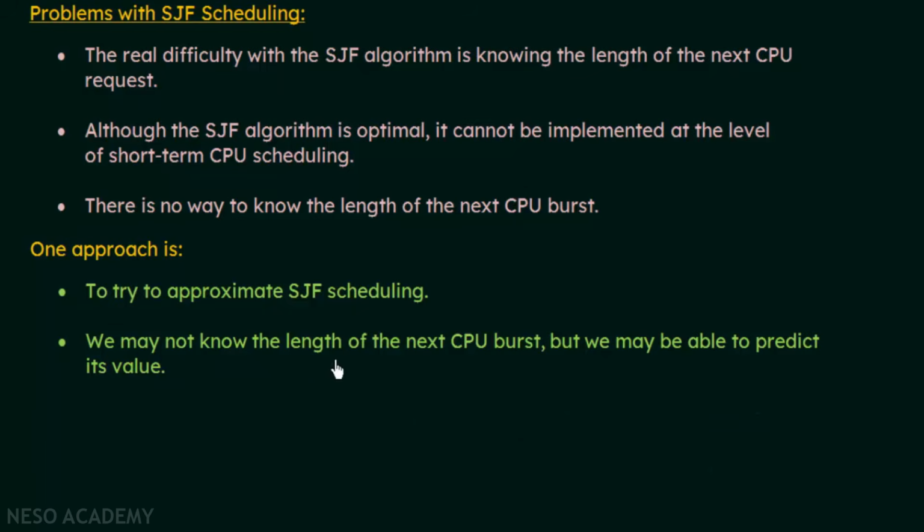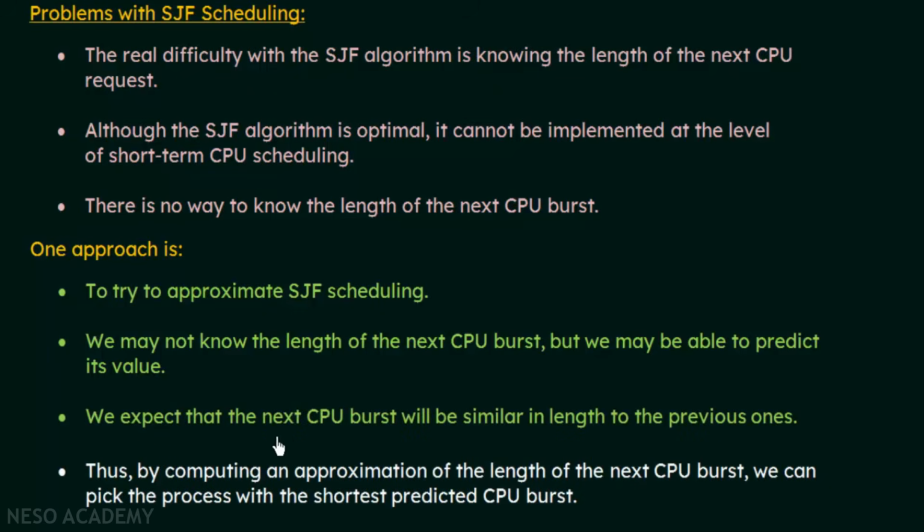So we may not know the length of the next CPU burst, but we may be able to predict its value. So we may not know what is the length of the next CPU burst exactly, but there are ways we may be able to predict or assume its value. That is, we expect that the next CPU burst will be similar in length to the previous ones.